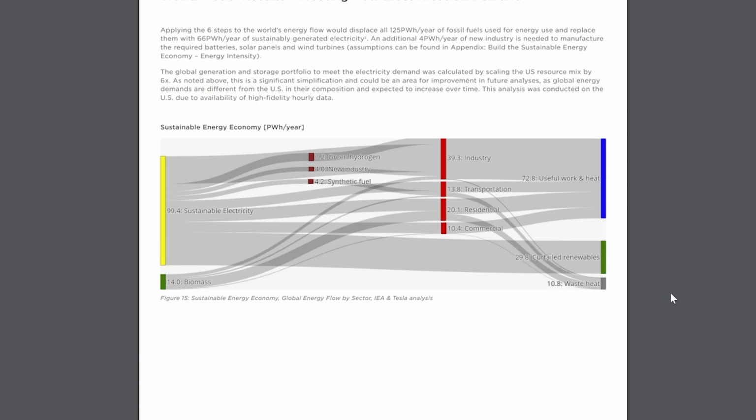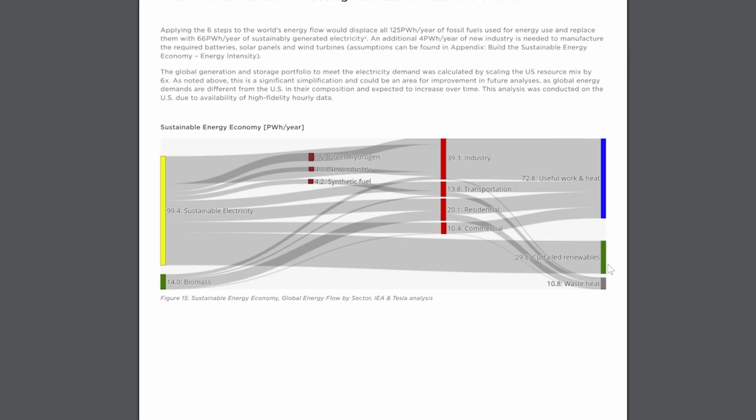But at the end, according to their calculations, we now have close to 2/3 useful work in heat, and then curtailed renewables. So this is excess generation that maybe we'll be able to use for planes and boats and whatnot, because we just have so much energy to power those kind of high energy demand commercial uses.